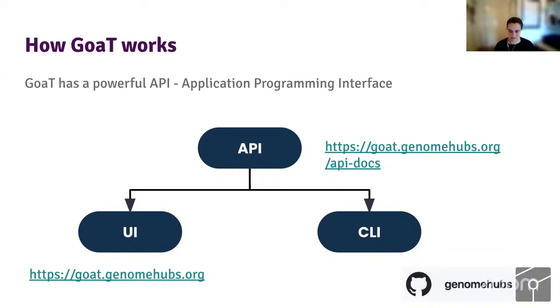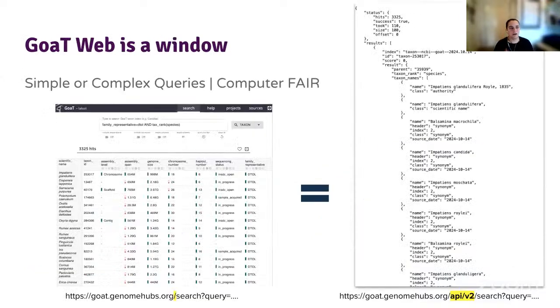And this is key to understand why GoaT displays things on the web UI the way that it does. It is a window, and it allows complex queries as well as simple ones, like just give me all of the bat species and a bunch of columns, or give me a list of all bat species that are in the list of Darwin Tree of Life that have not started sequencing yet, but restrict those to only the species that have a chromosome number from 12 to 20.